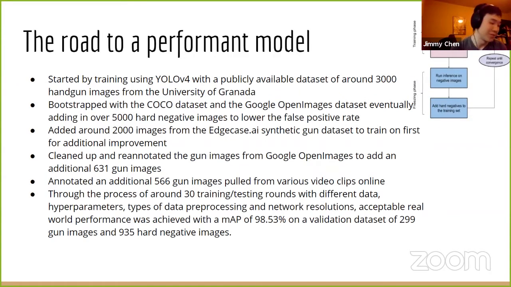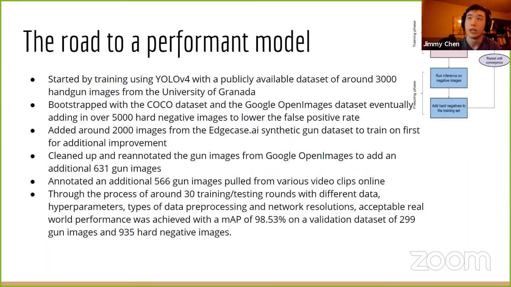So what did we do? It was a very long and arduous road to a relatively performant model. We started with YOLO version 4, which is the latest version of the computer vision framework YOLO, and trained on 3,000 handgun images cataloged by the University of Granada. There were some duplicates, so we had to sort through those.